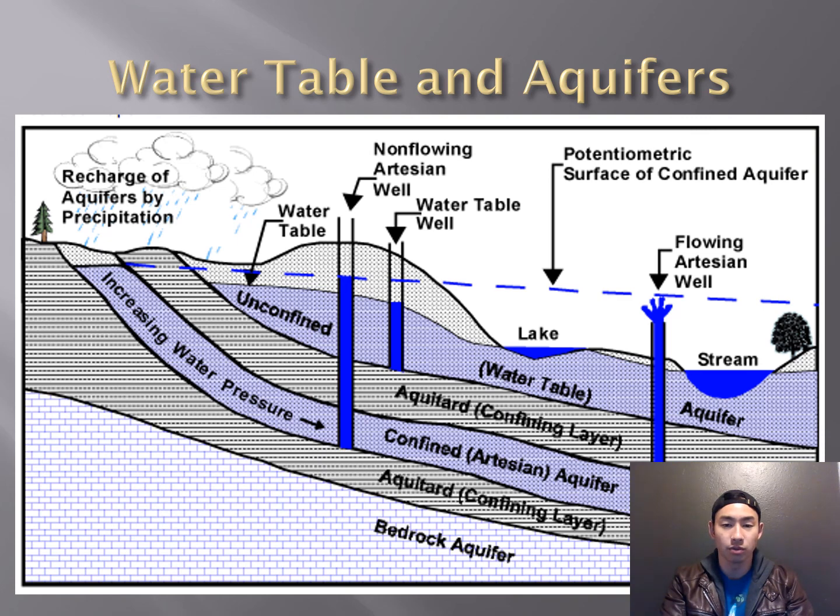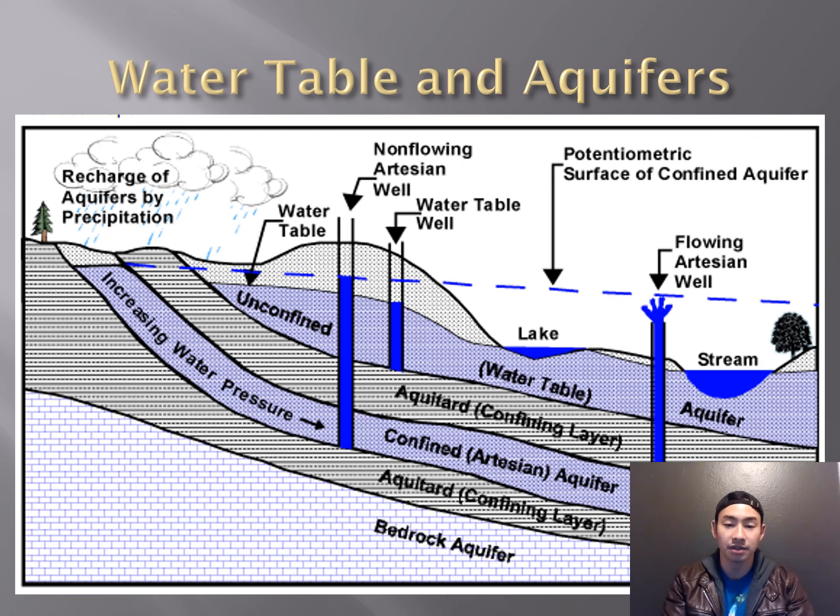If we were to drill wells into both the unconfined and confined aquifer, the water level of an unconfined aquifer would give us the water table of the groundwater. Essentially, we'll be able to know the flow direction and how high that groundwater is.